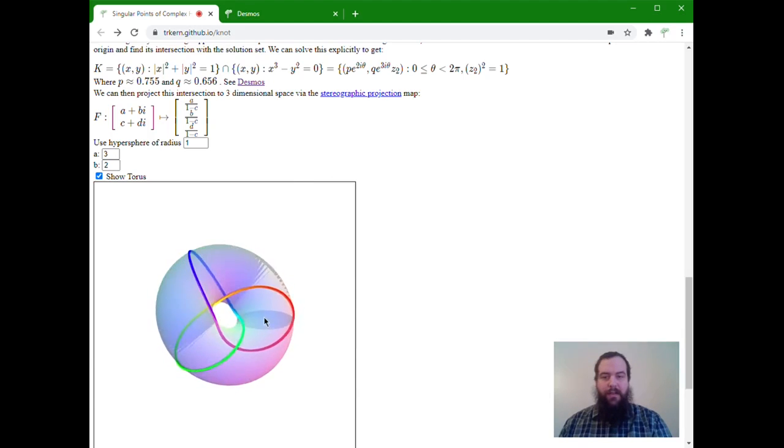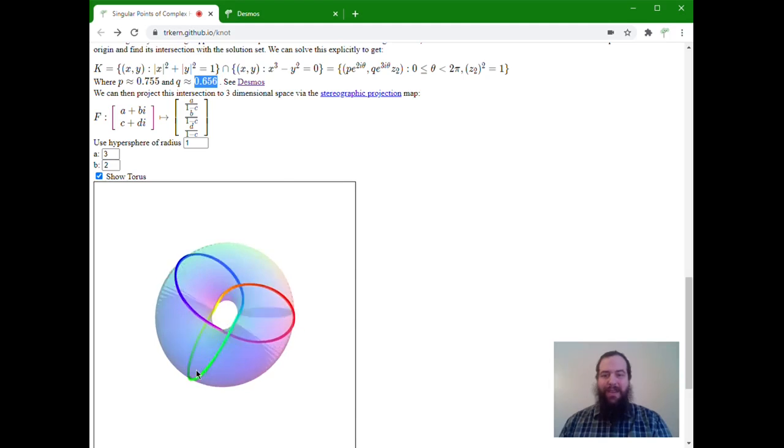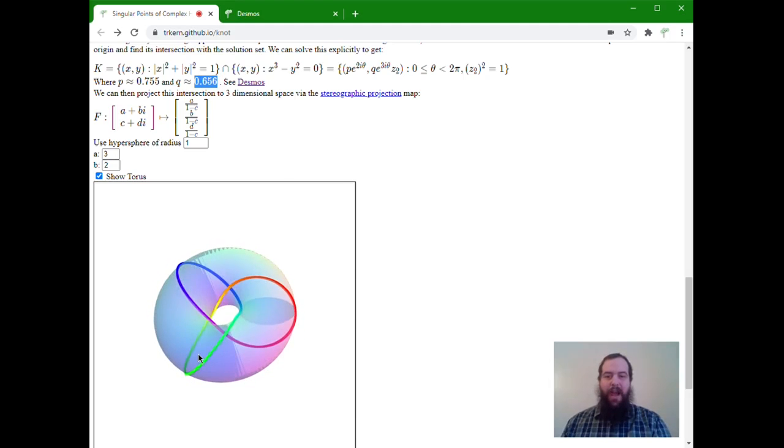So this here is the appropriate torus. You take P times something on the unit circle, and Q times something on the unit circle, where P and Q are the numbers that give us the radii of this particular torus. This knot falls entirely on a torus, so we call it a torus knot.